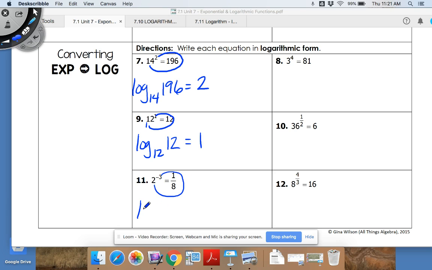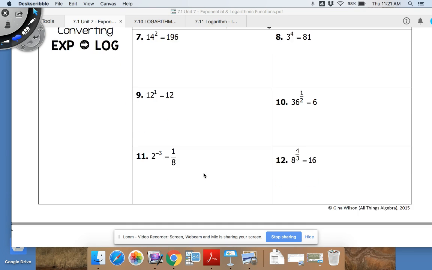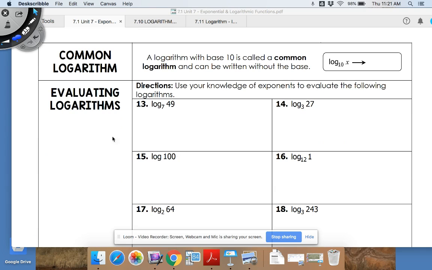This one is log base 2 of 1/8 equals negative 3. So that's how we use the loop trick to convert exponential to logarithmic. The common logarithm is actually what we wrote on that other page. If it has a base of 10, it can just be rewritten without that base showing. So if it's not there, it's assumed that it's a 10.